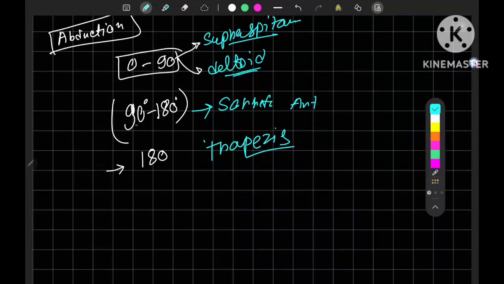The next phase, 90 to 180, is by the serratus anterior, and the last, beyond 180, is created by trapezius.